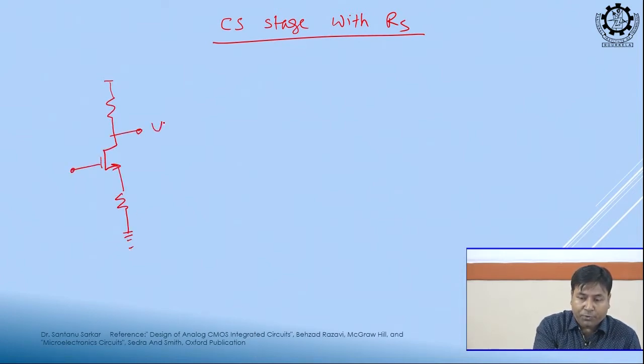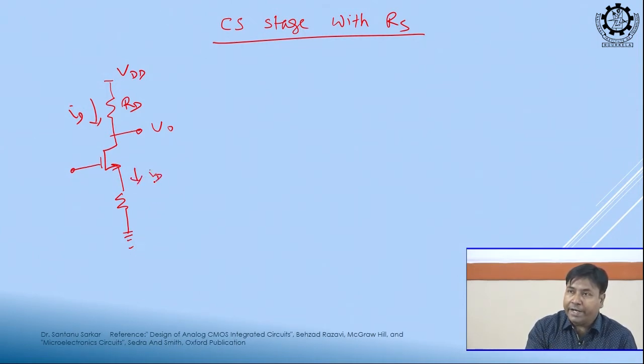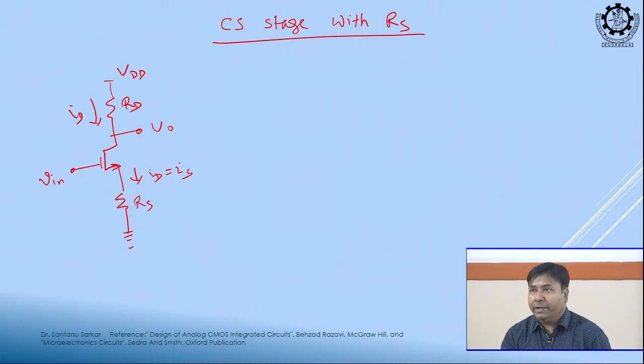This is our output, this is VDD, this is RD and ID current flows, and this current is also equal to ID because ID is equal to IS. Now, we can replace this with the T model, and we will consider this as AC ground and we will draw the circuit.